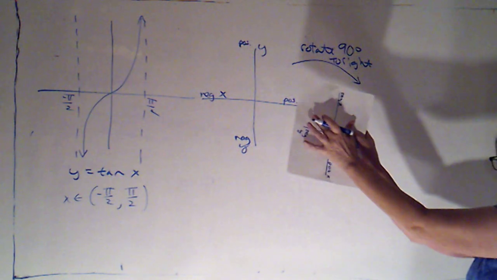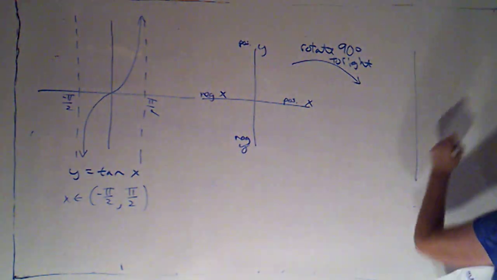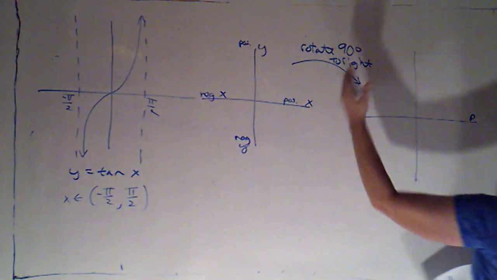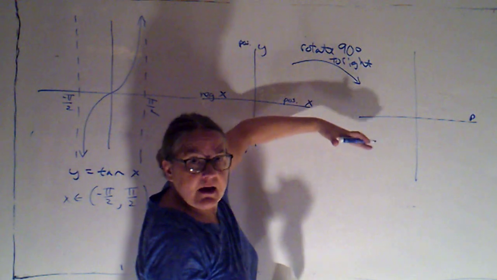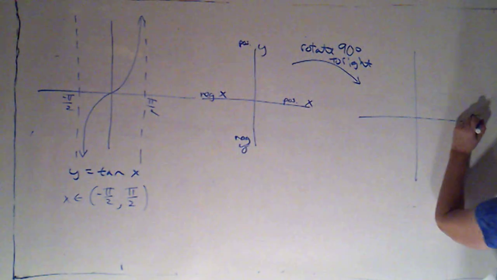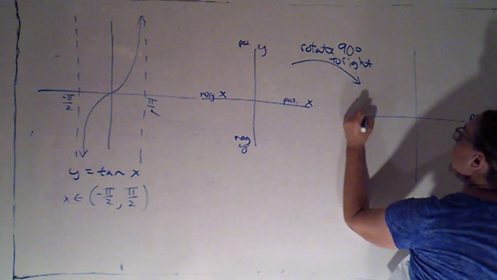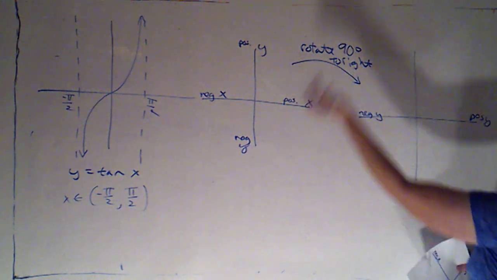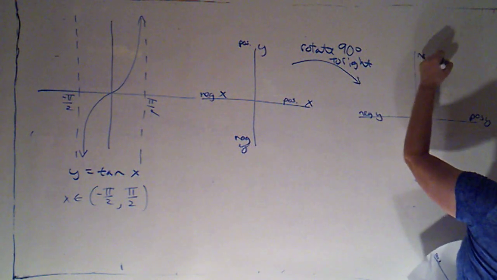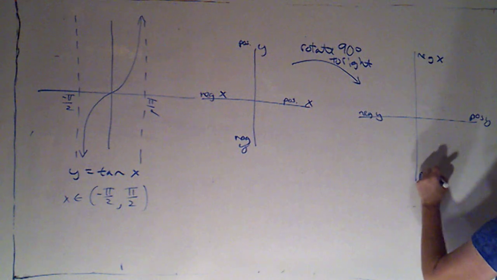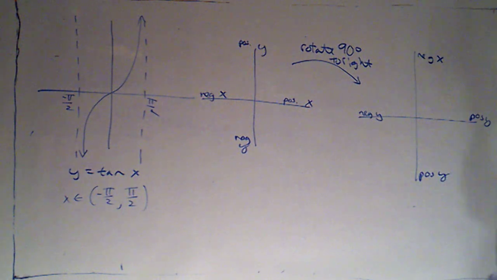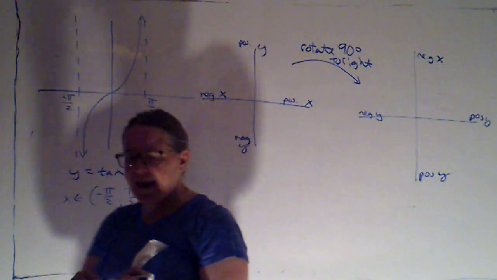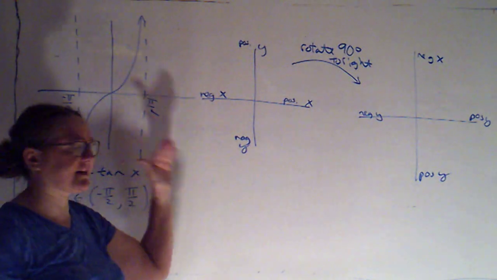Now, I'm not sure how well this is going to show up, so I'll show you what it should look like now. The y-axis basically just lay down to take a nap. So we've got the positive y-axis here, the negative y-axis here, the negative x-axis has come up here, and the positive x-axis is down here. So we have switched the roles of x and y.